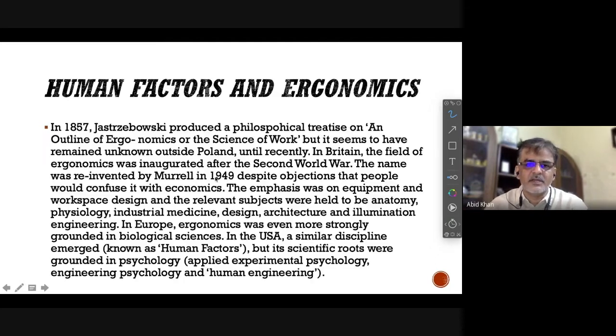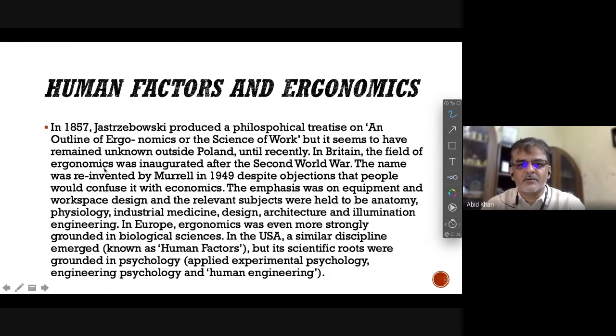But later, in 1949, the name was reinvented by Murrell, despite objections that people would confuse it with economics. Even now, people get confused with economics and agronomics also, which is in agriculture, as agriculture economics.